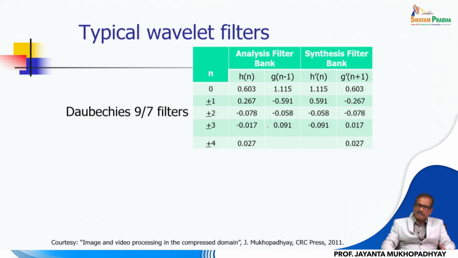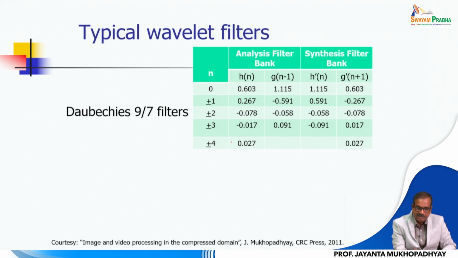With the theory that she has presented, you can design a various set of filters. It has the property of the quadrature mirror filter. So this filter bank, these are the analysis filters. This is one typical example, 9x7.